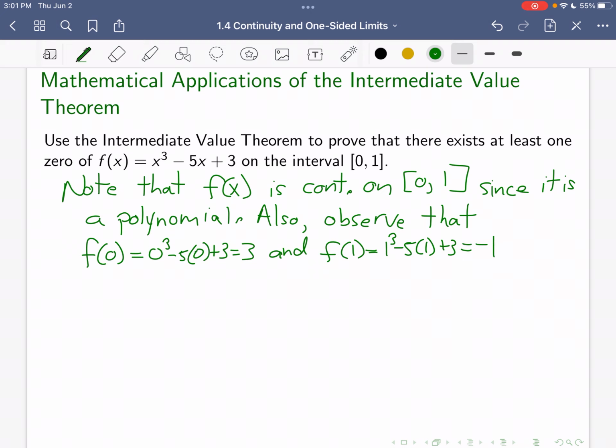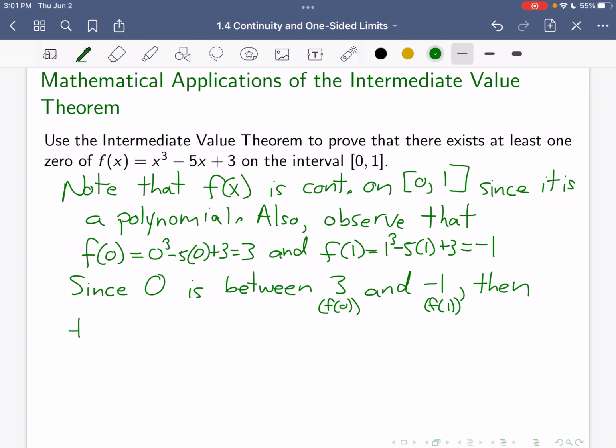Since 0 is between 3 and -1, okay, so it's between f of 0 and f of 1. That's between the function values at the two endpoints.